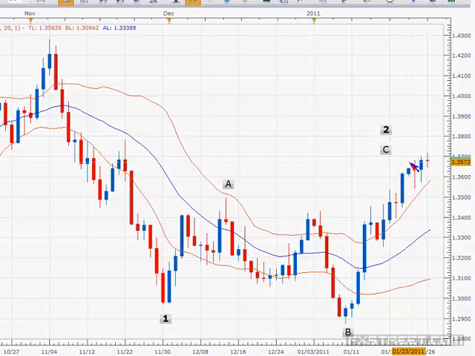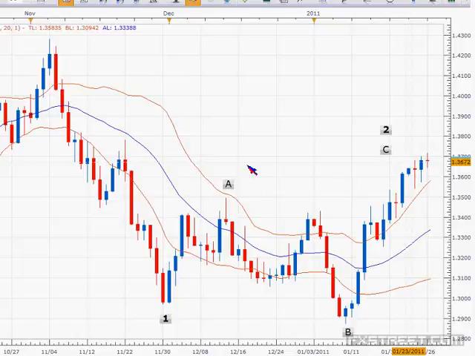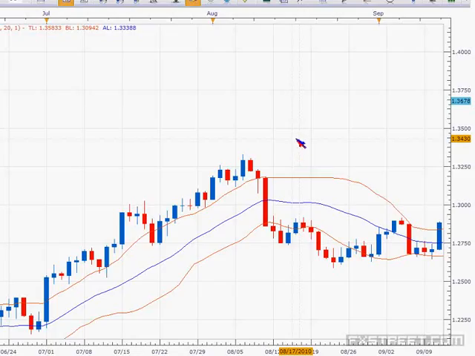Got another question here. Where would you look to take profit? Now again, let me go back to this example. Let's say I was trading the euro dollar, and this is what I'm looking at right here. So I'm gonna move this chart to the right. So boom, I get a close up above my upper band.